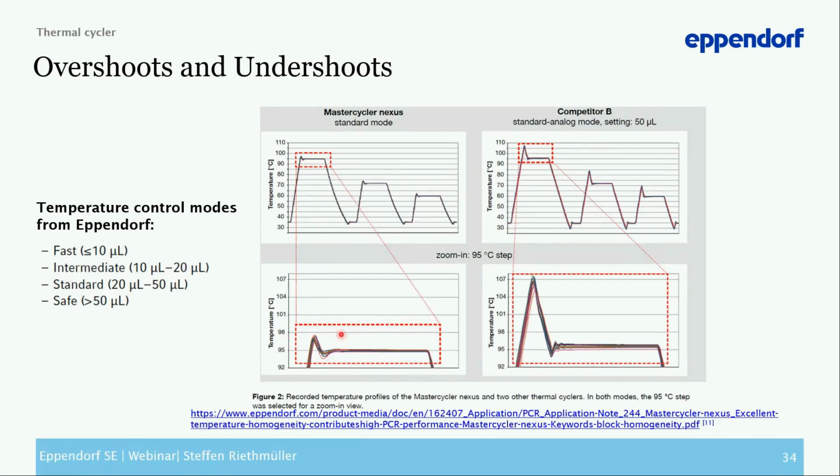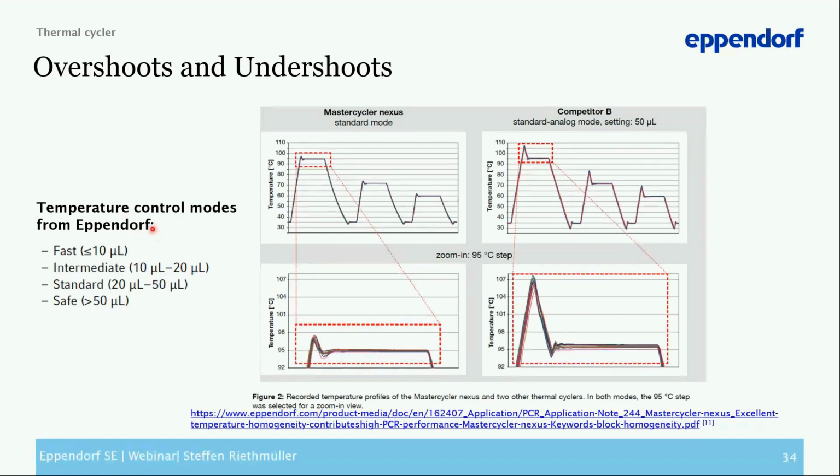And the overshoot as well as the undershoot are depending on the sample volume you are using. So Eppendorf, for instance, has 4 different temperature control modes. The fast mode for 10 microliters or less, the intermediate mode for 10 to 20 microliters, and standard mode for 20 to 50 microliters, and safe for volumes higher than 50 microliters.